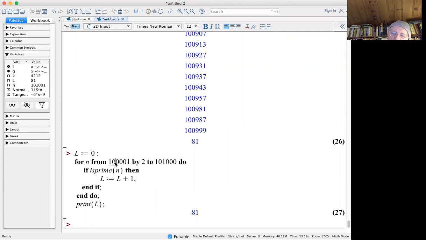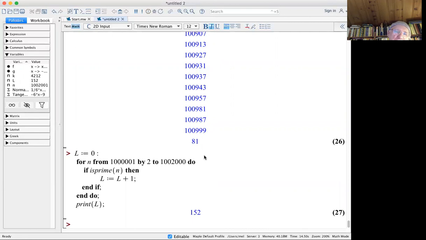If I really want to get excited about this, maybe from 1,000,001 to 1,001,000, yeah, make a bigger range, 2,000. So 2,000 numbers starting at 1,000,000. How many primes are there? Well, that's fast, 152.